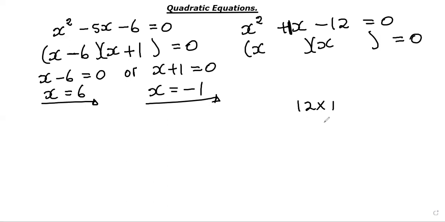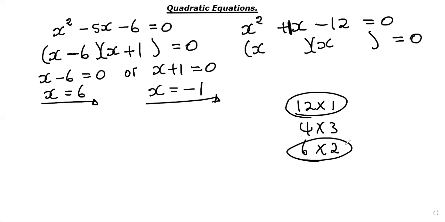We can have 4 and 3. We can also have 6 and 2. Well, here we see that 12 and 1, as well as 6 and 2, have no possibility of giving us 1. So it means in this case, we must use 4 and 3.